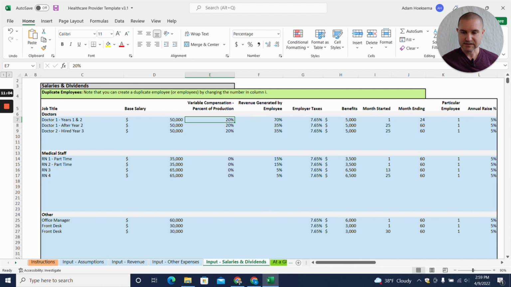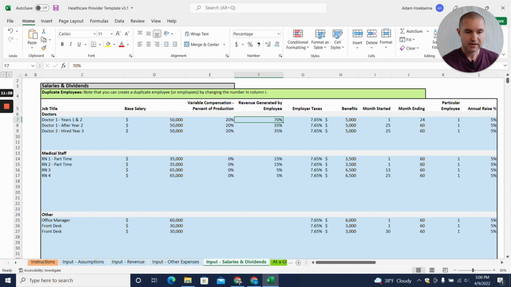And so then in this example here, what we're doing is we have that same first doctor for the first 2 years at this $50,000 and 20% variable compensation. We're assuming that doctor, one doctor, is bringing in 70% of the revenue. So why not 100% of the revenue?